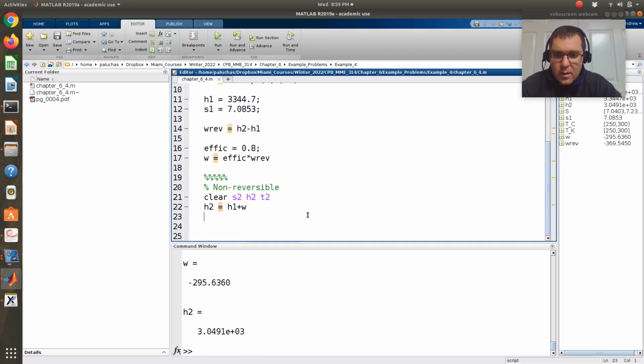So for my new T2, I'm going to interpolate not with independent variable S, but H in TC. So I want the value of TC, my temperature, for that known value of H.